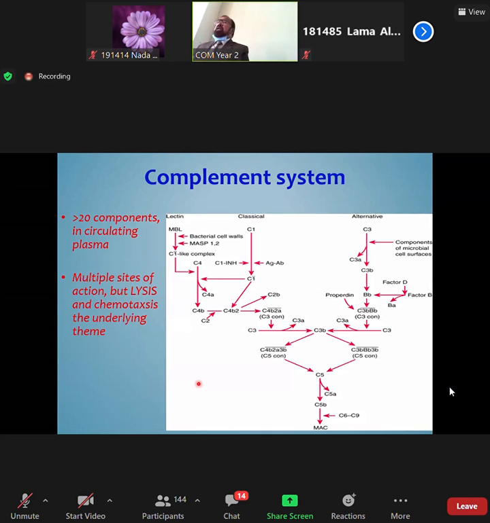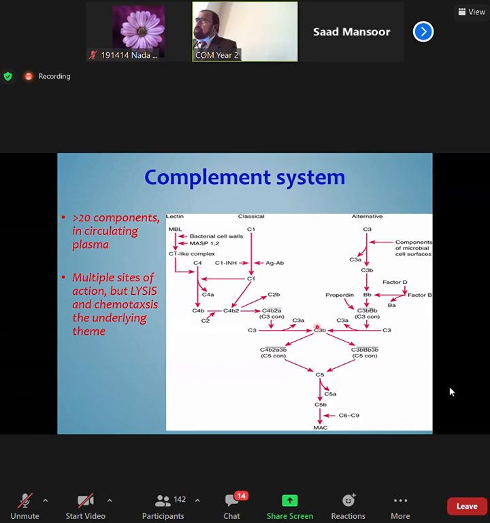So you will be able to understand how this cleavage is going on, how C3 is being converted by this C3 convertase enzyme to C3a and C3b.